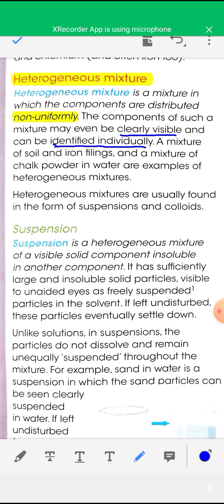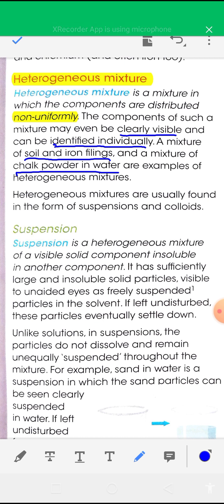Now examples of heterogeneous mixture: a mixture of soil and iron filings is a heterogeneous mixture. A mixture of chalk powder in water is a heterogeneous mixture.